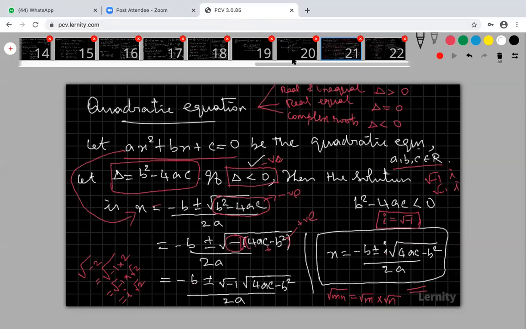Board exam results announced. How much marks scored? Very good, very good. Congratulations, all of you.